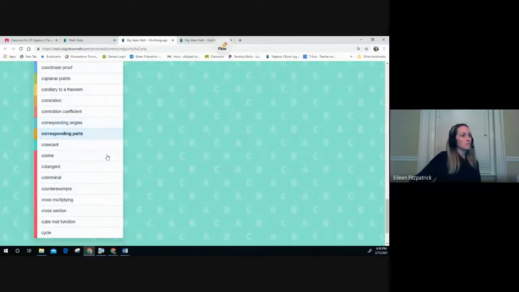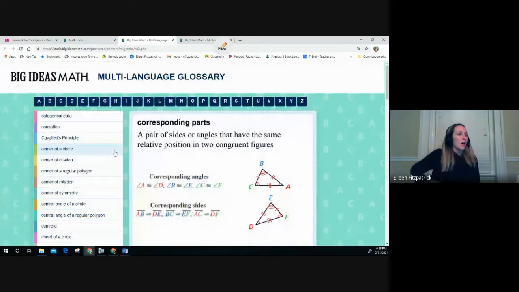A pair of sides or angles that have the same relative position in two congruent figures. Okay, so in our similar triangles and our similar figures, our angles are corresponding and congruent. Our sides are corresponding but proportional. They're not congruent.